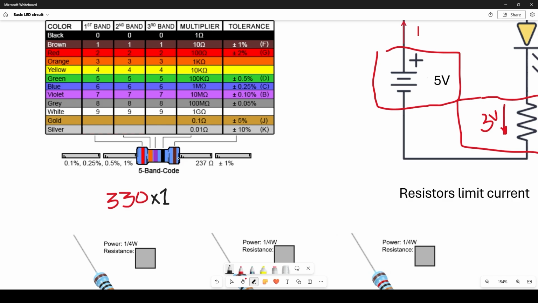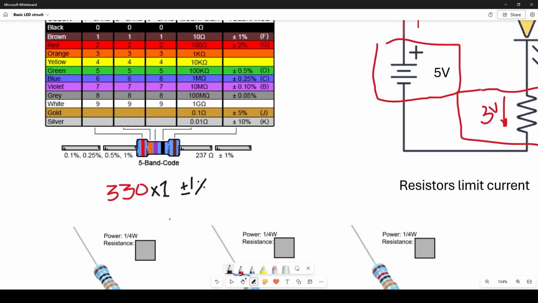Then the last line is our tolerance. Tolerance is usually just how close it is to the stated value. So the value here is plus minus 1%.